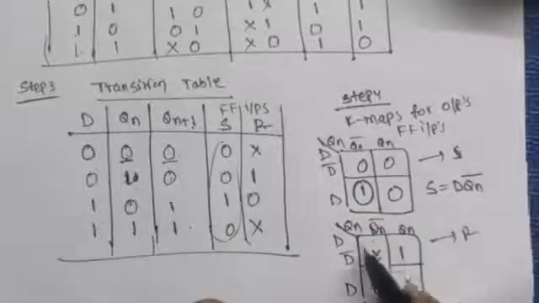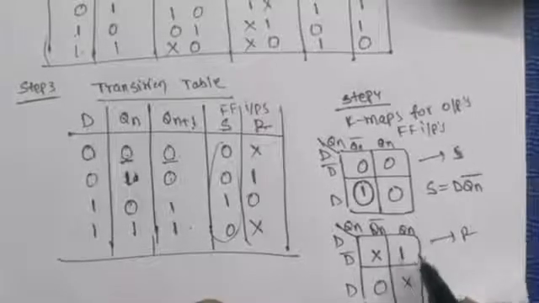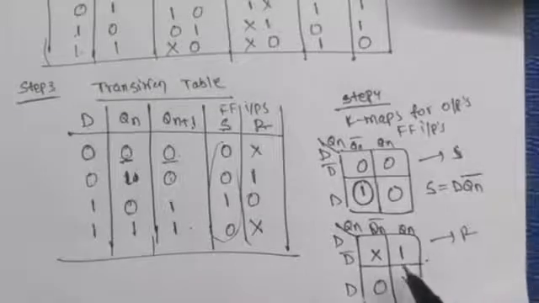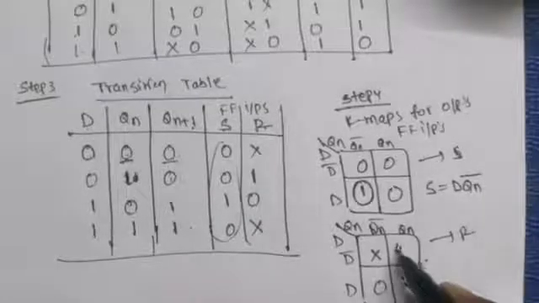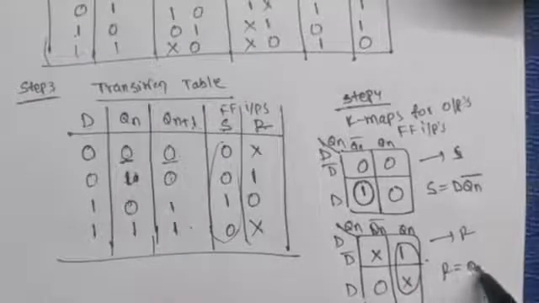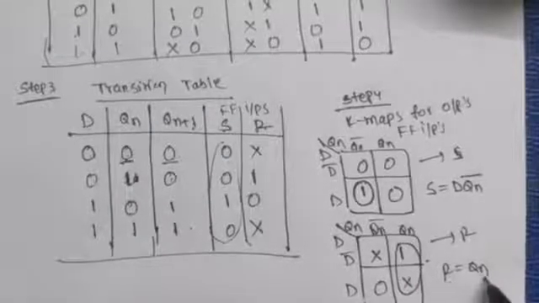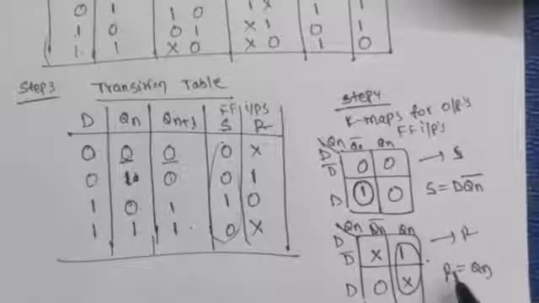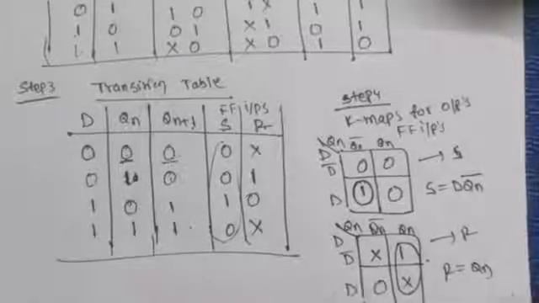You have to take either this one or this one, whatever it is, no problem. Whenever we take this pair, R is equal to Qn. Whenever you take this pair, R is equal to D bar.